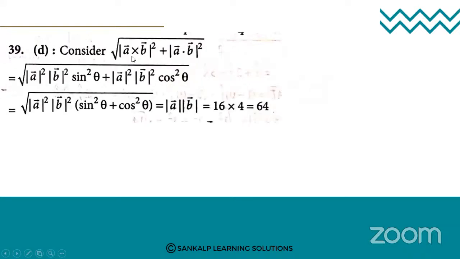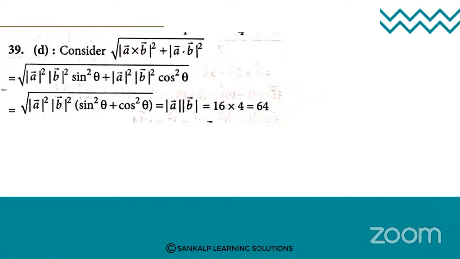This will be mod (A cross B) square plus (A dot B) square. When we substitute these values, we get common terms, so it will be sine square theta plus cos square theta. We know sine square theta plus cos square theta is equal to 1.